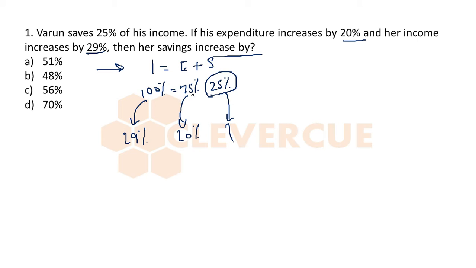First of all, let us see: if there is a 29% increase and the initial income is 100, then the increased income will be 129.